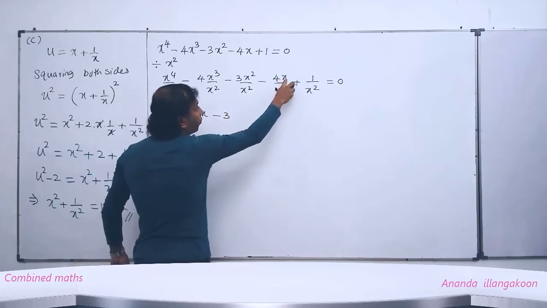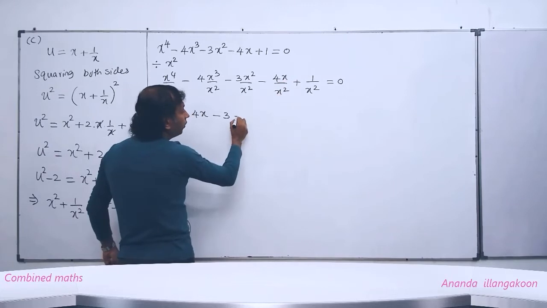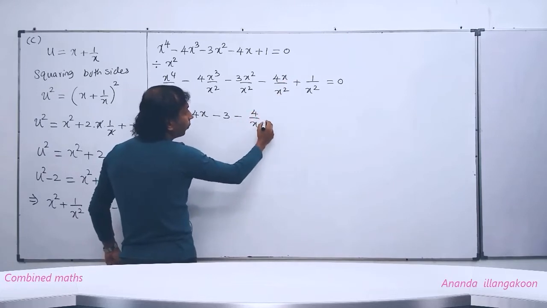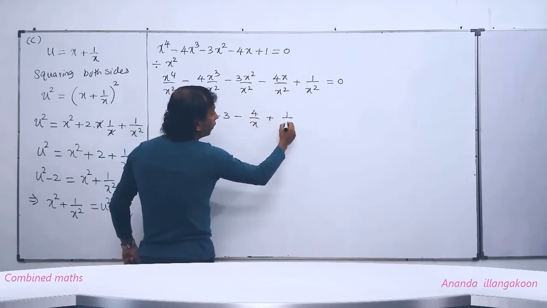Here x and x squared means 1 x comes to the denominator. And here we have 1 upon x squared.